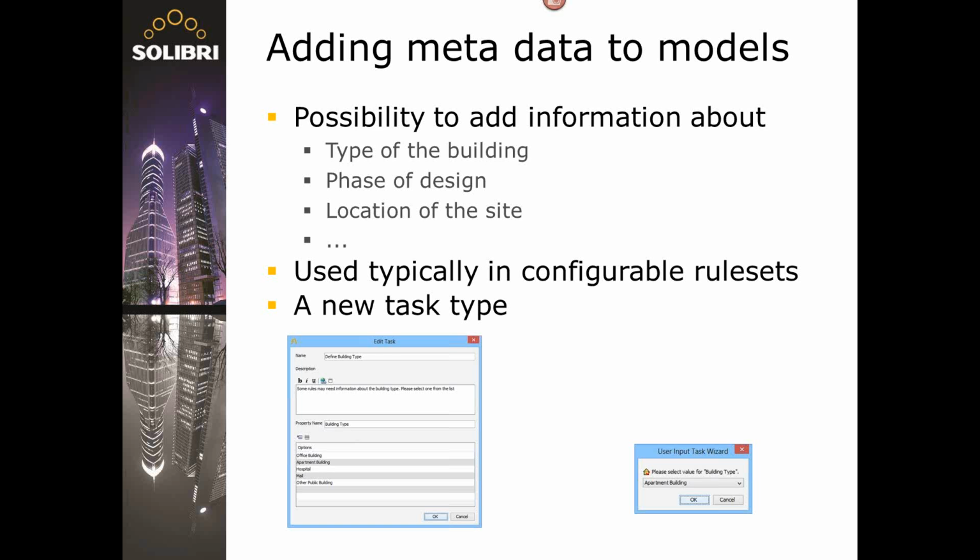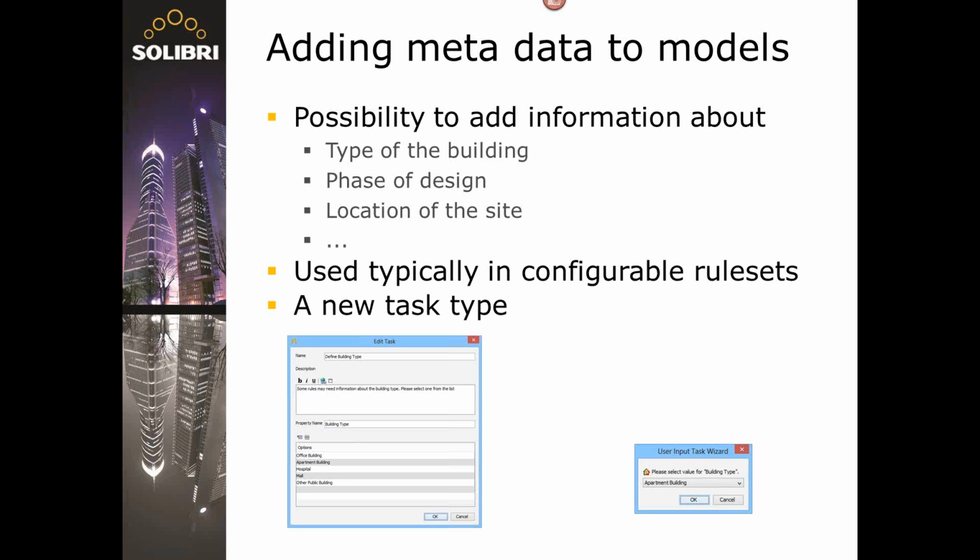The next two things are somehow related to the self-configurable rule sets. First of all, quite often the things you have to check depend on something which the model doesn't know.